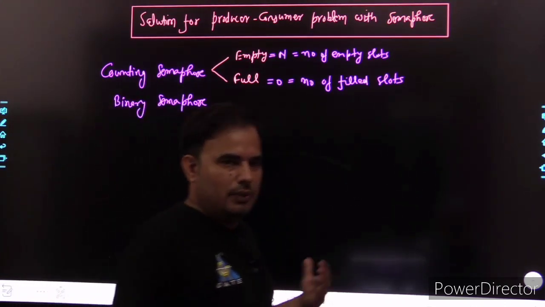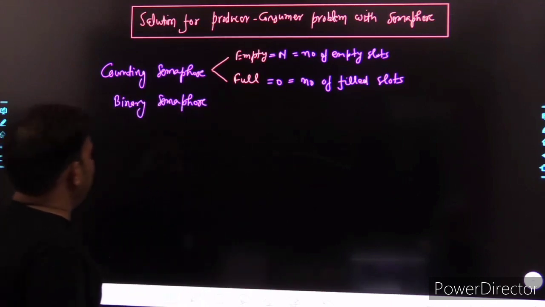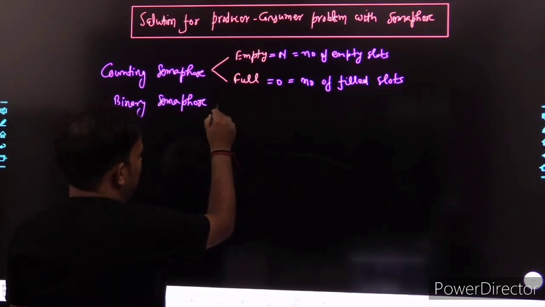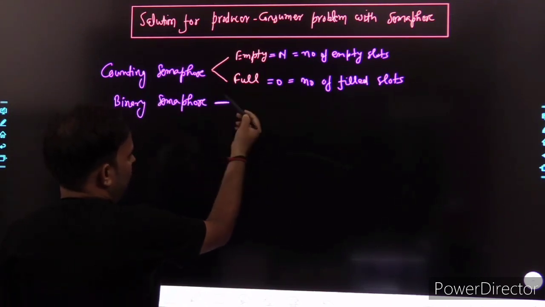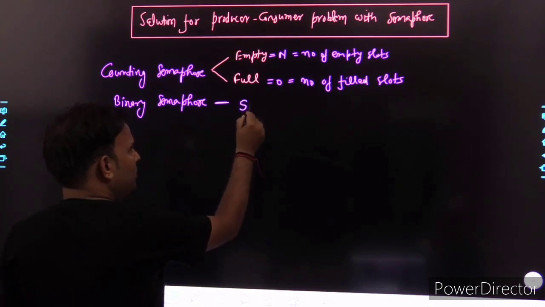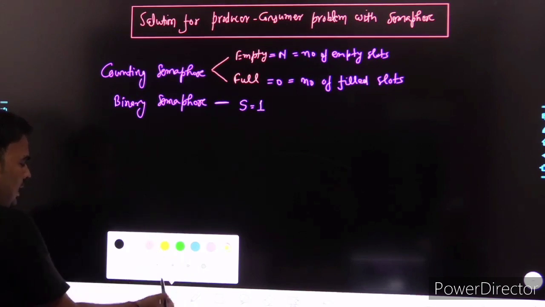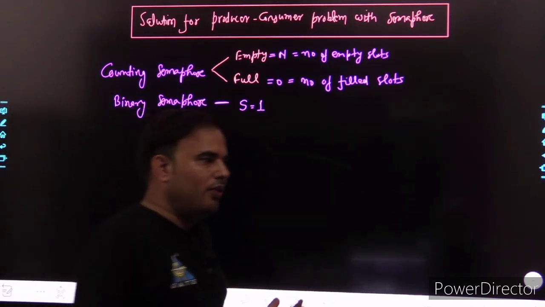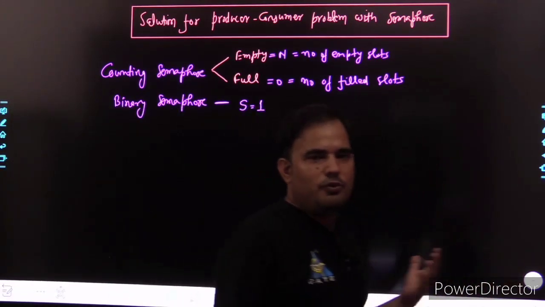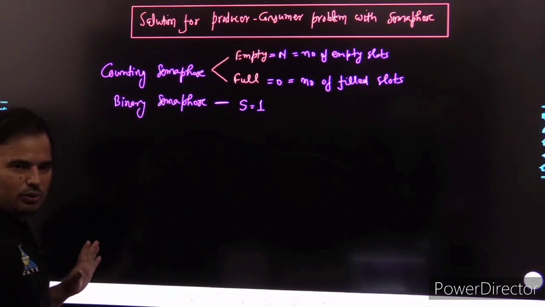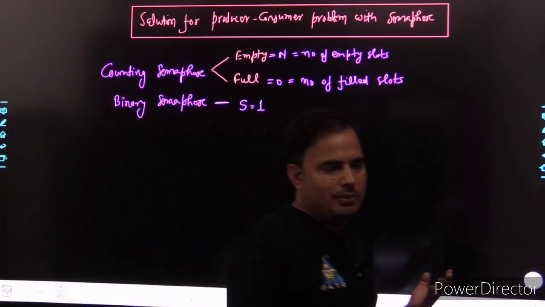Understand clearly? And the binary semaphore we need to always initialize with the value of 1, as we have discussed in the binary semaphore.